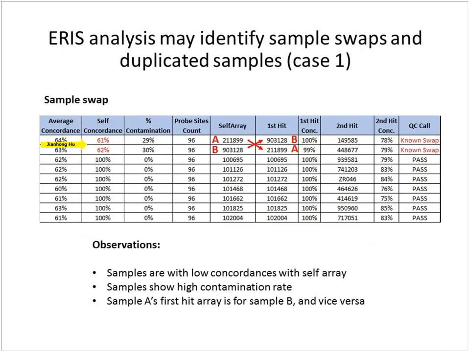And their first hit is the other sample. This shows very clearly that this is a direct sample swap. This swap may have happened somewhere in the processing pipeline. Any such problem will cause further investigation.